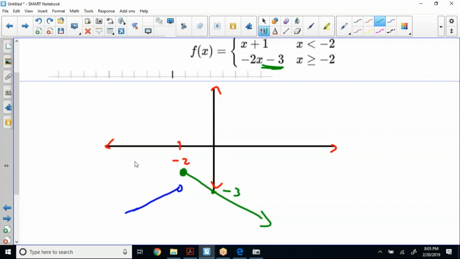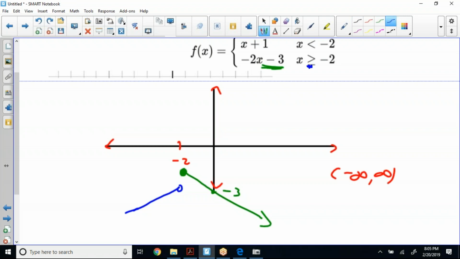Now, look at the domain. Guys, this is every value less than -2. And this is every value from -2 on, right? So we're looking at it from the standpoint of piecewise, right? So tell me a value in the domain that's excluded. There's not one. You're exactly correct. So the domain for this would be negative infinity to positive infinity. Now, I will show you this.